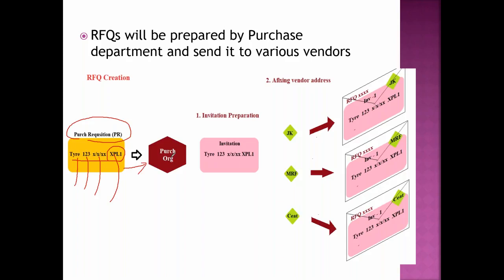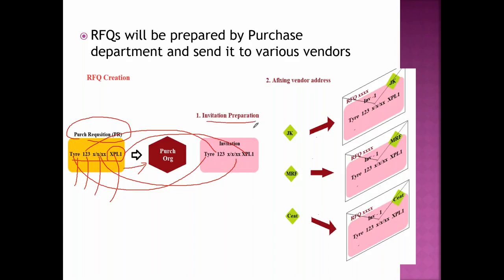Then what will the purchase department do? This time the purchase department again types the same thing: what these people want, how much quantity, when it is required and where it is required. Same thing, retyping this information in another document in the SAP.